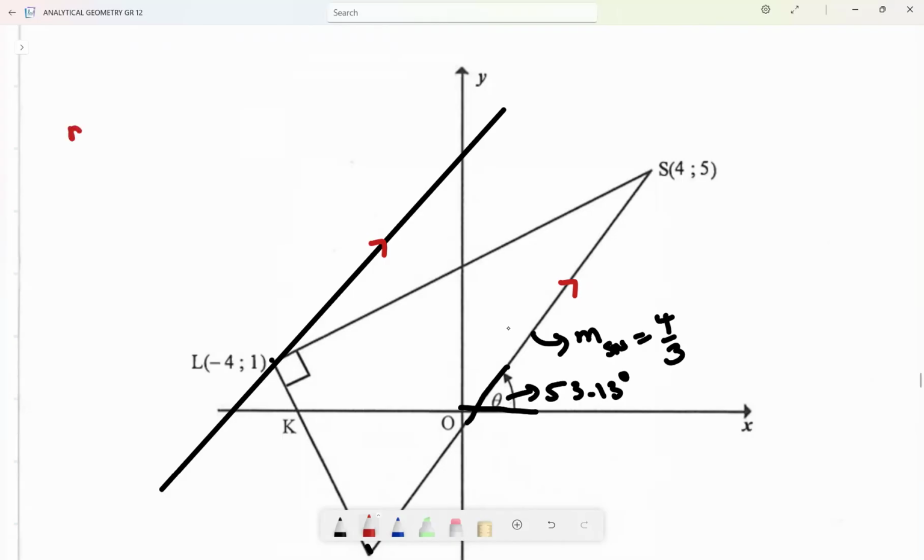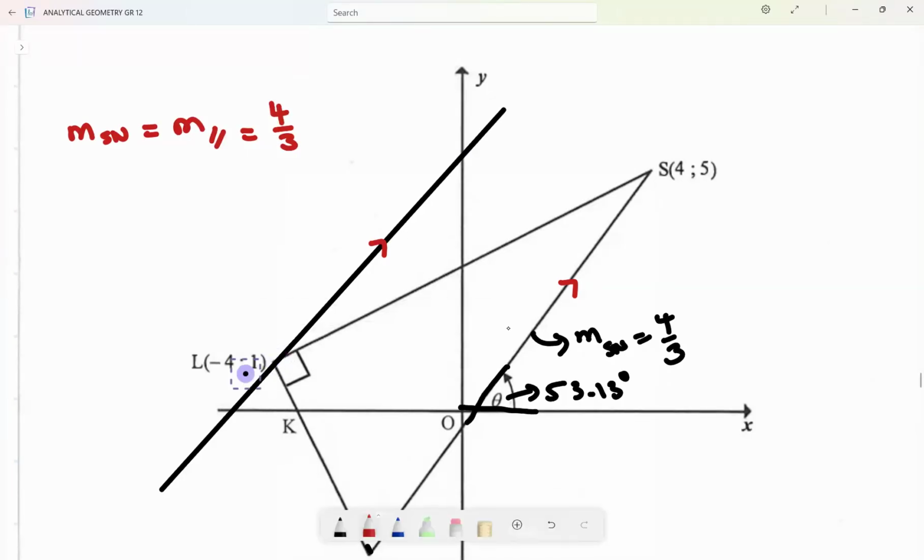I'm going to say the gradient of Sn is going to be equal to the gradient of the parallel line, which is equal to 4 divided by 3. Why? Because the parallel line is parallel to the Sn. So now for me to find the equation, I have a point here.